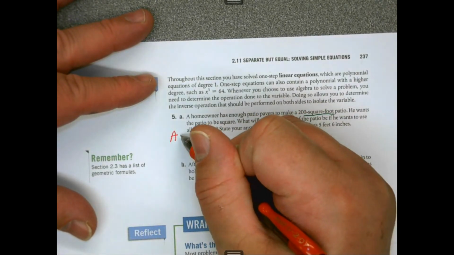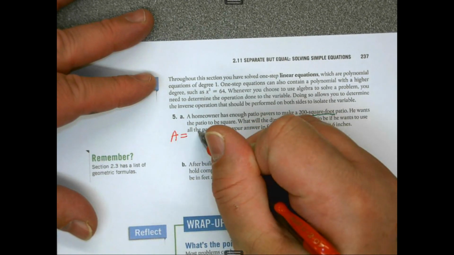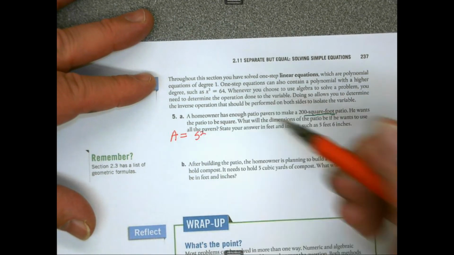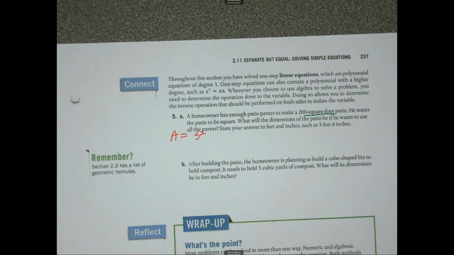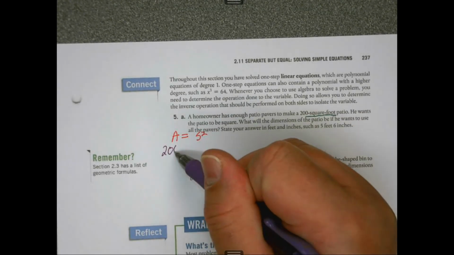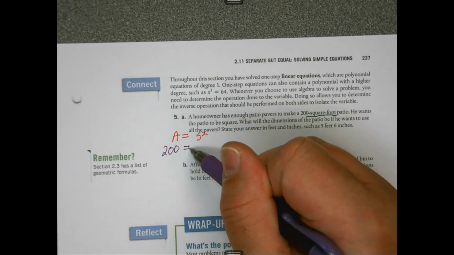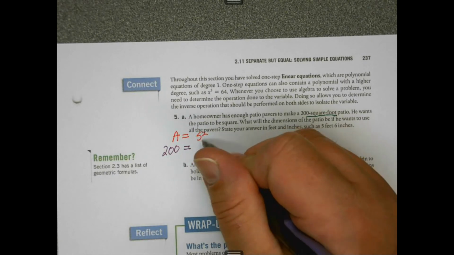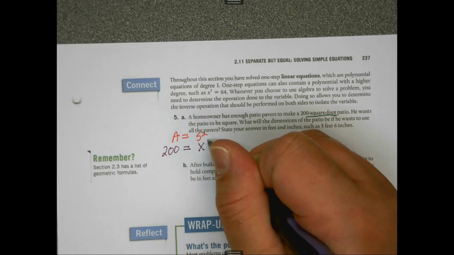So we've got to solve for x. So how do I get rid of a squared power? You square root both sides. So I get x equals the square root of 200.